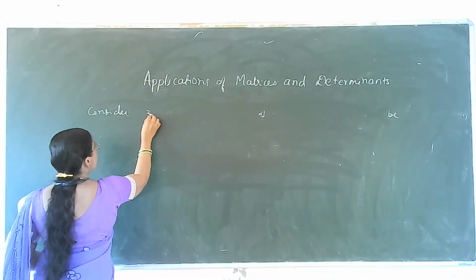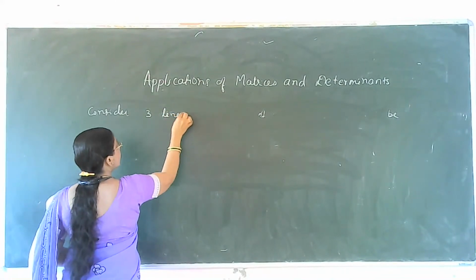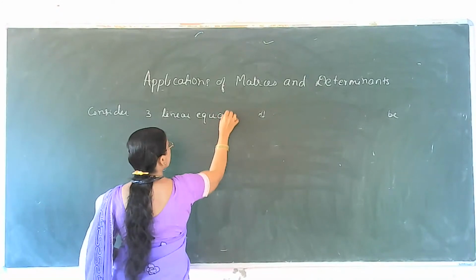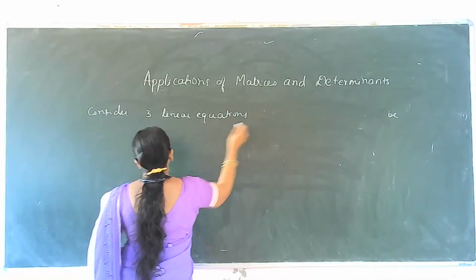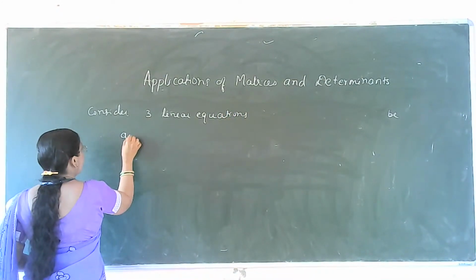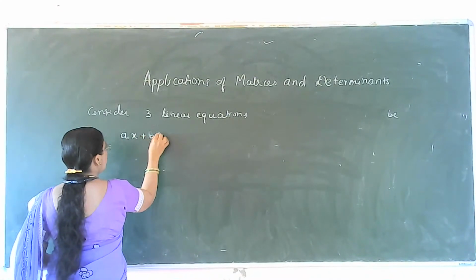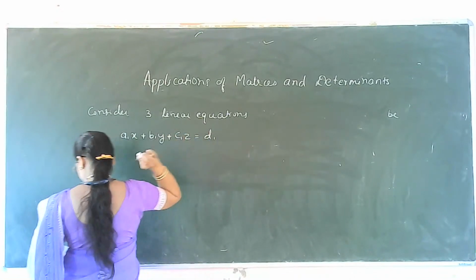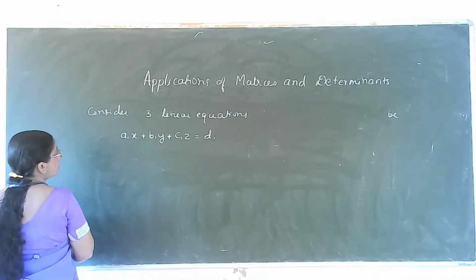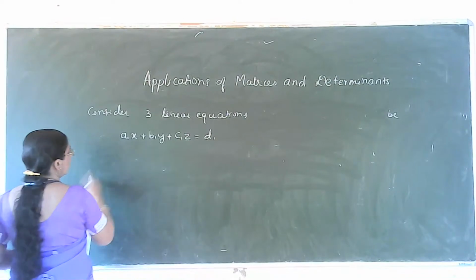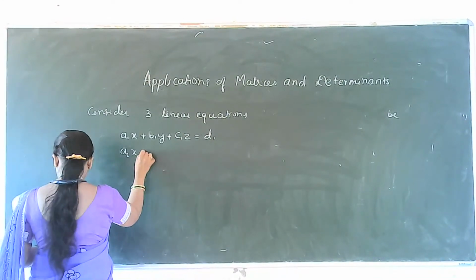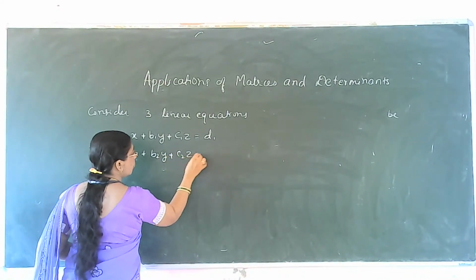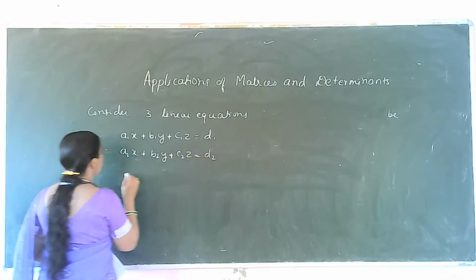Let us consider three linear equations. a1x plus b1y plus c1z is equal to d1. Then another equation, a2x plus b2y plus c2z is equal to d2.